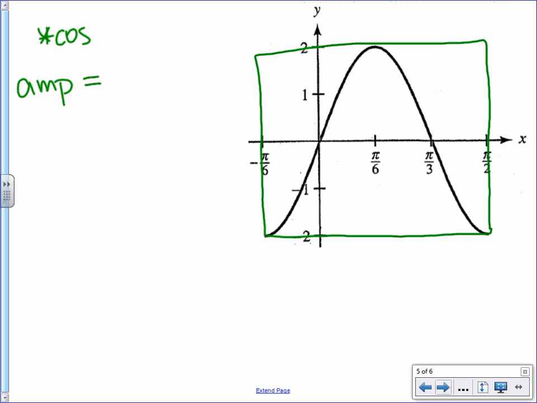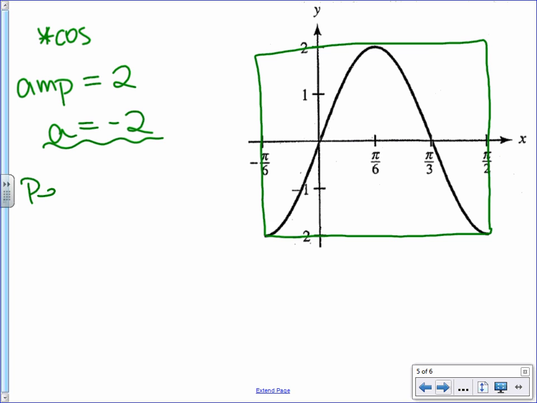What is our amplitude? Two. Okay, careful. Our amplitude is 2. However, some of us have noticed that our cosine is a hill instead of a valley. It's reflected. So our A is going to be a negative 2. Good.